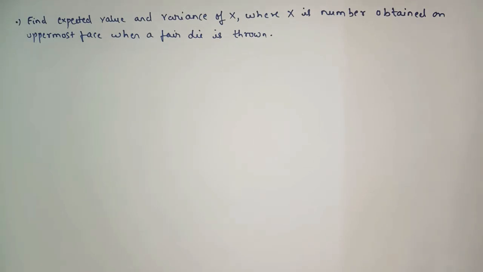The second sum is based on two dice thrown, where you have to find the probability of getting a particular answer, and even the expected value and the variance for the particular question.